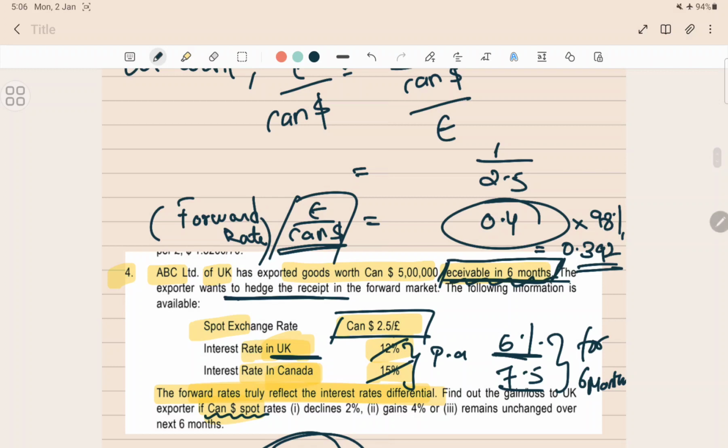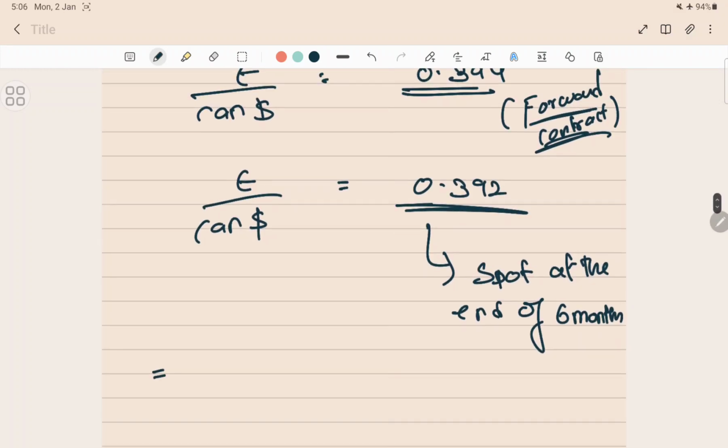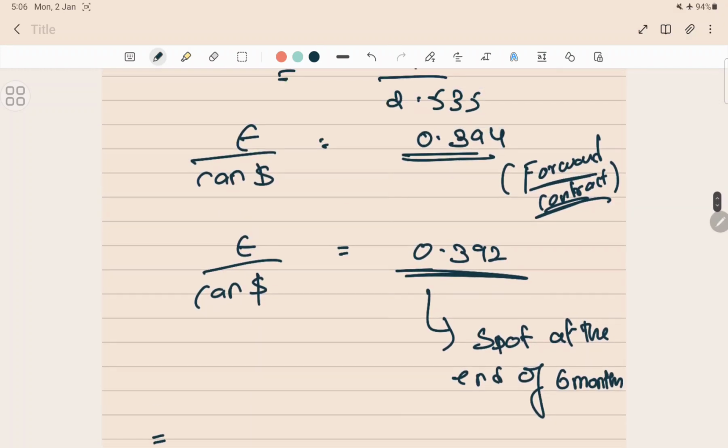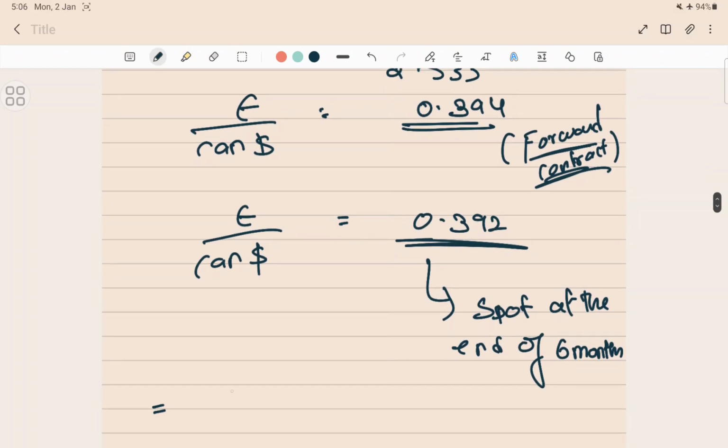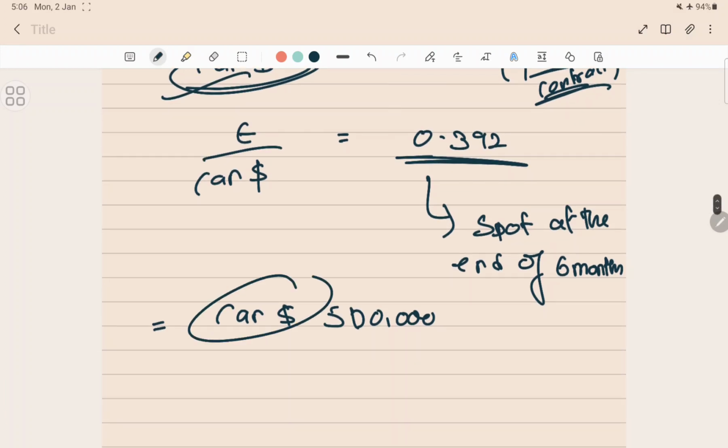ABC of UK has exported goods worth, say, Canadian dollar 5 lakh, receivable in 6 months, correct? So if you are hedging the contract, you will receive Canadian dollar 5 lakh. Should I multiply or divide? I'll multiply, because the quote is a direct Canadian dollar quote, and the quantum is also in Canadian dollar. In both cases, I have to multiply.